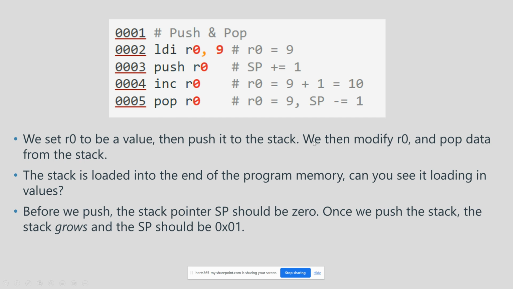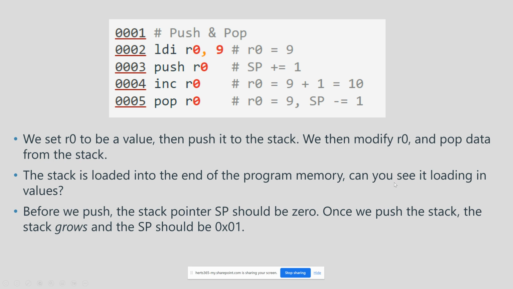We then modify R0, as you can see, R0 equals 9 plus 1. And then we pop the data from the stack. It's quite a simple example. The stack is loaded into the end of the program memory.